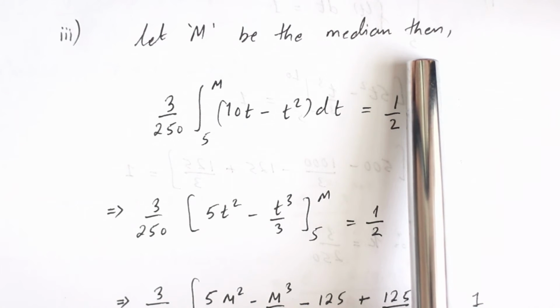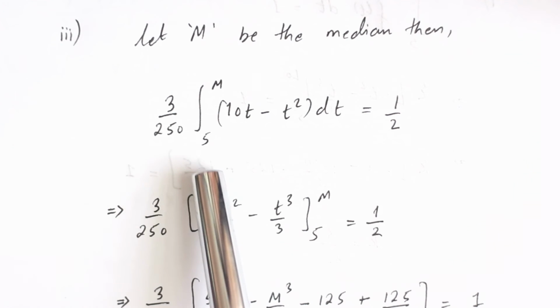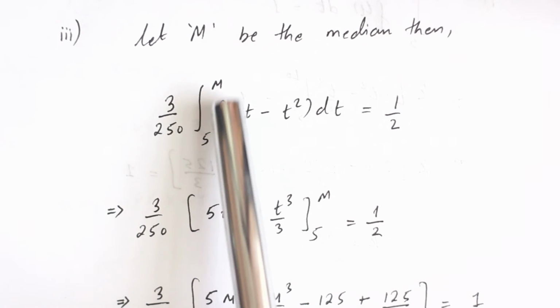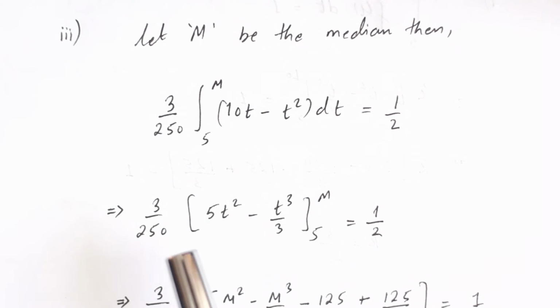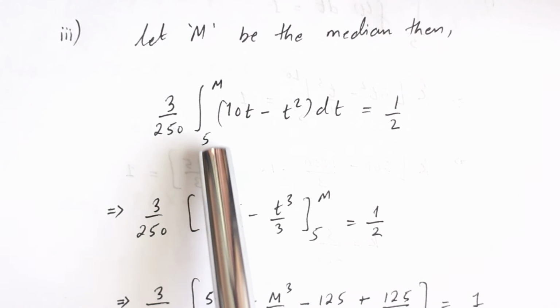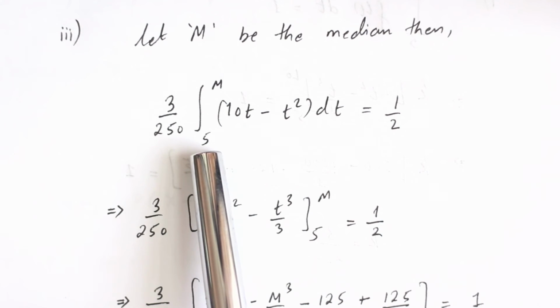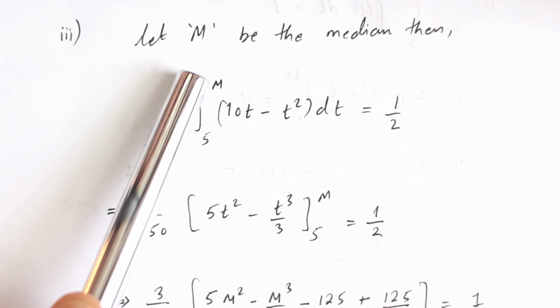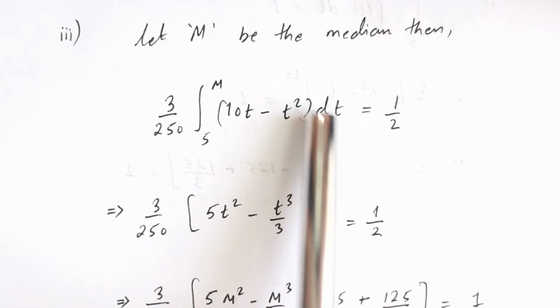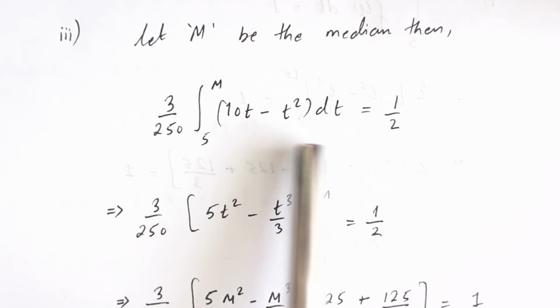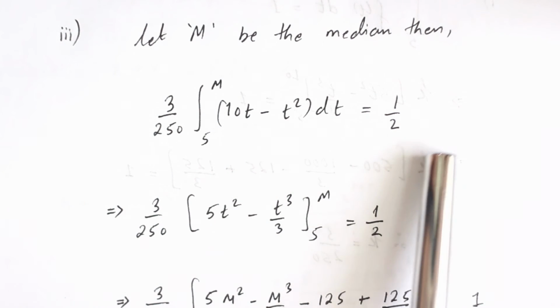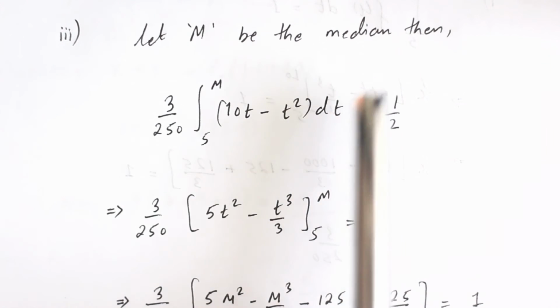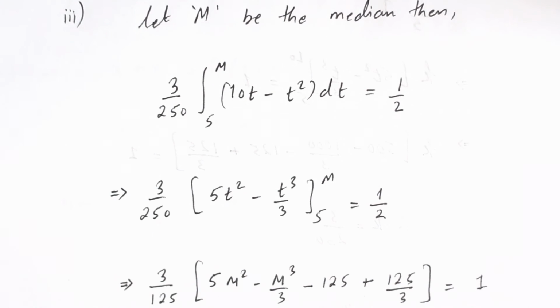By definition, the median m is given by integrating from the lower limit to the median over the probability density function with respect to dt, and the area is half.